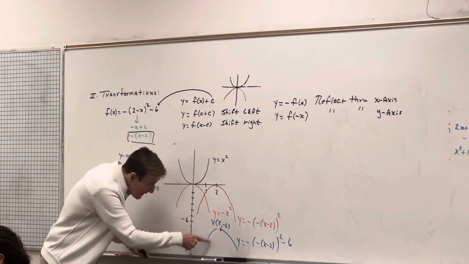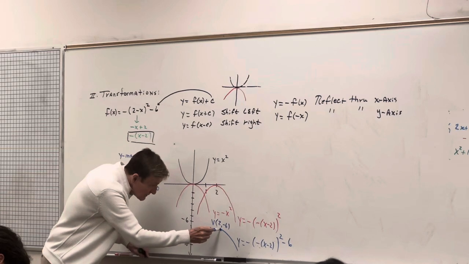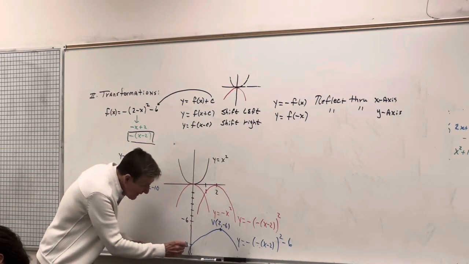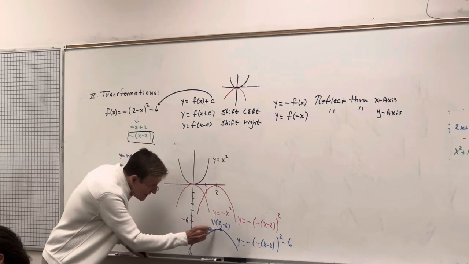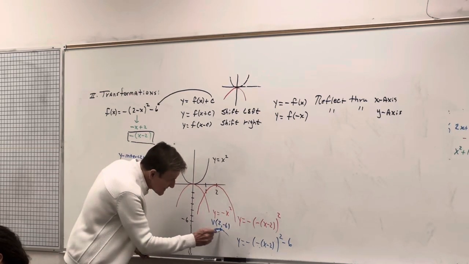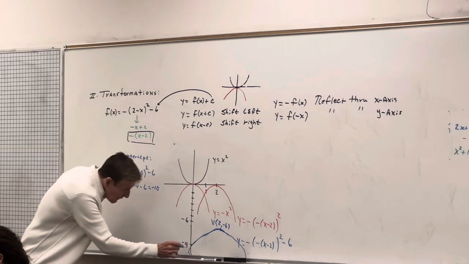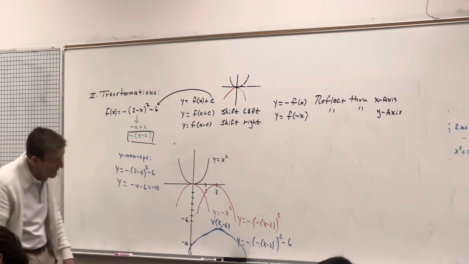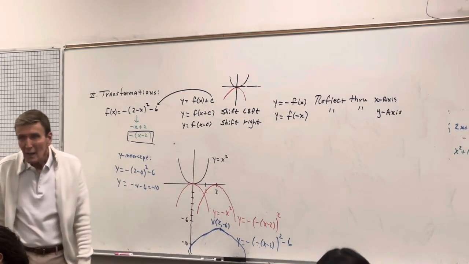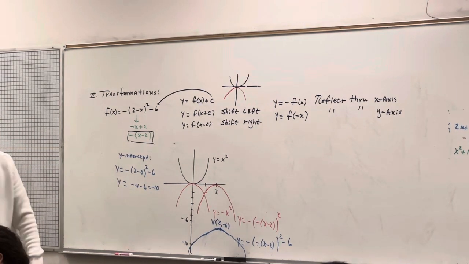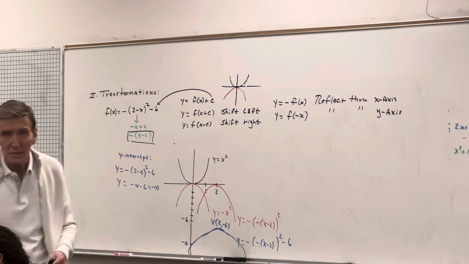It looks like it may do something like that. Oh boy, that looks horrible. And then on the other side, something like that, I'm running out of space there. But we think it's going to have a y-intercept at negative 10, but no x-intercept.